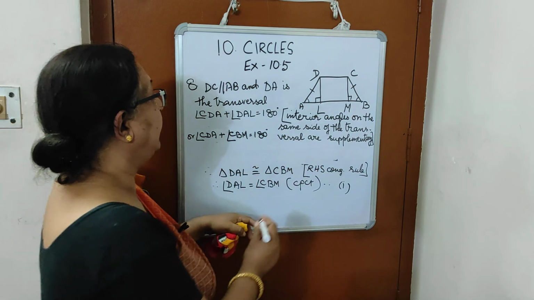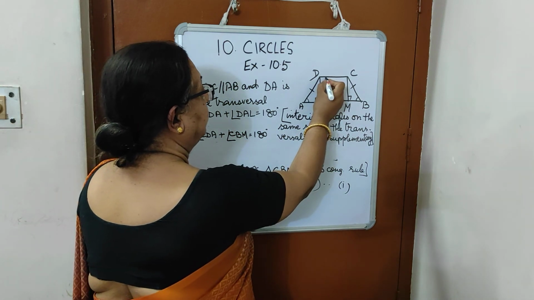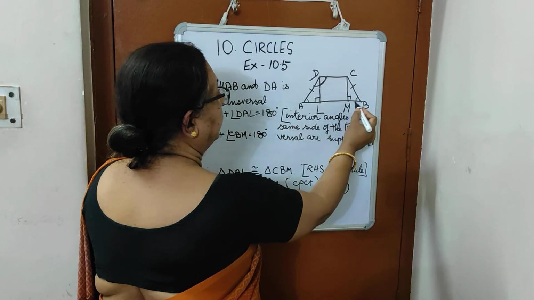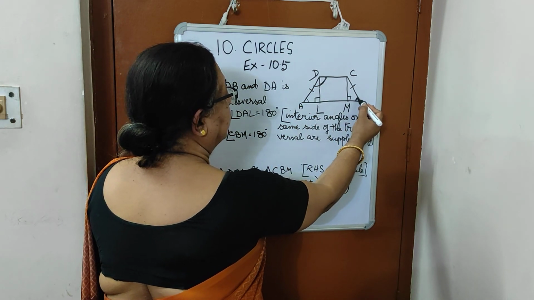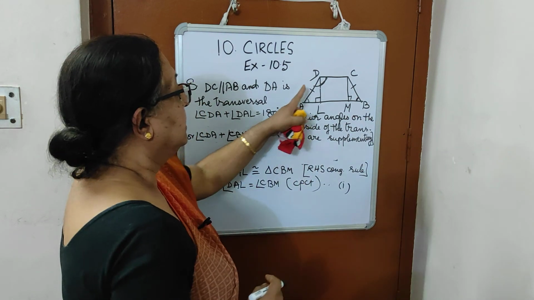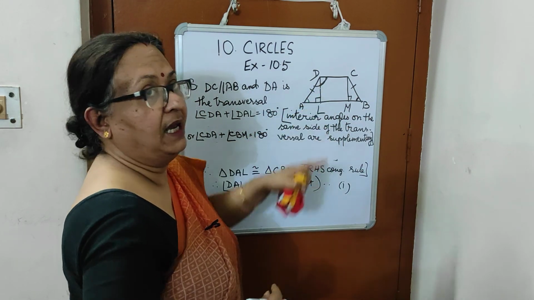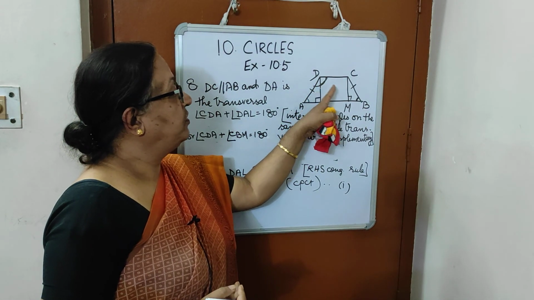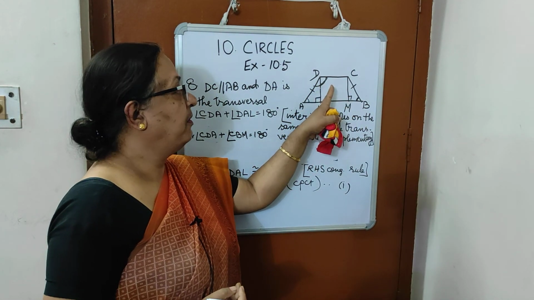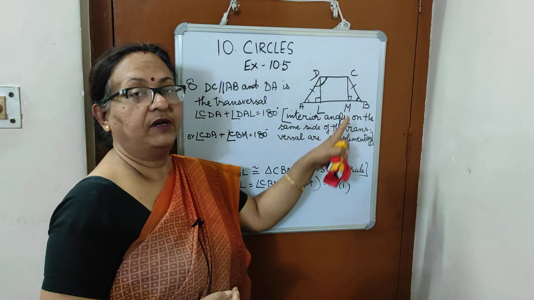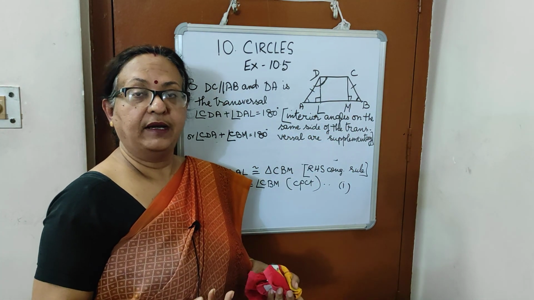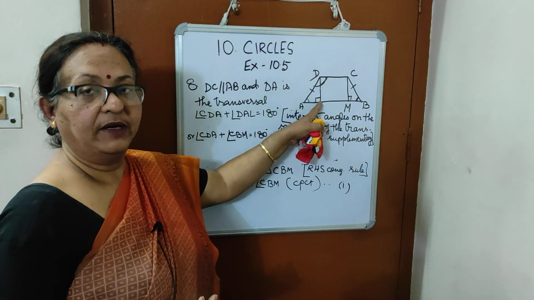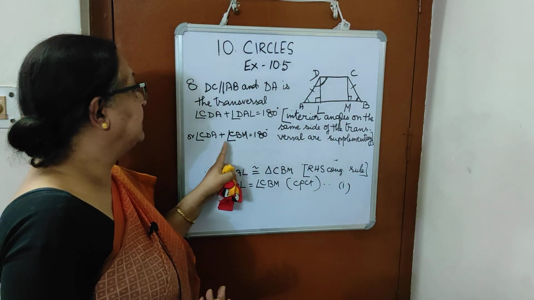Now this is angle CDA, and this is CBM. The sum of these two angles is 180, and we have already said before, if the sum of opposite angles of a quadrilateral is 180, the quadrilateral is cyclic. Now D and B are opposite angles of the quadrilateral, and we have shown their sum is 180.